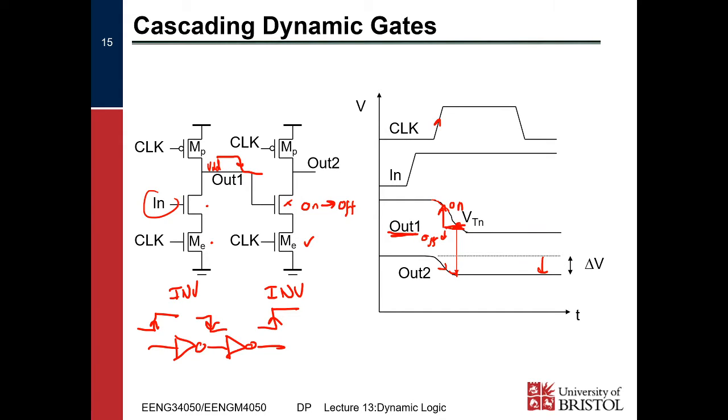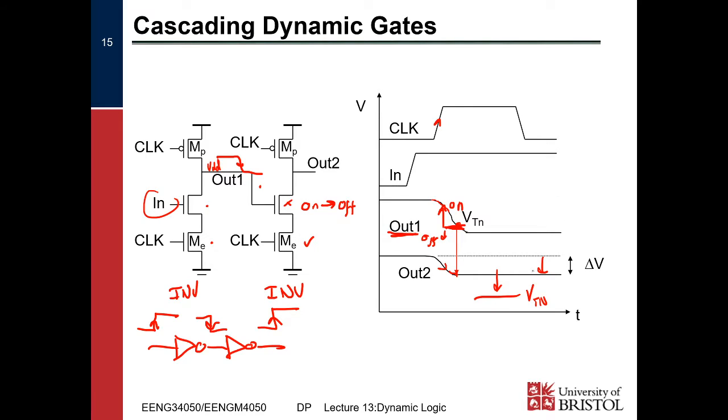So we need to consider, depending on where our clock is, how long it takes to discharge this node, we might end up with this going all the way down to VTN, going below VTN, and hence resulting in a 0 at the output, and have a functional problem.